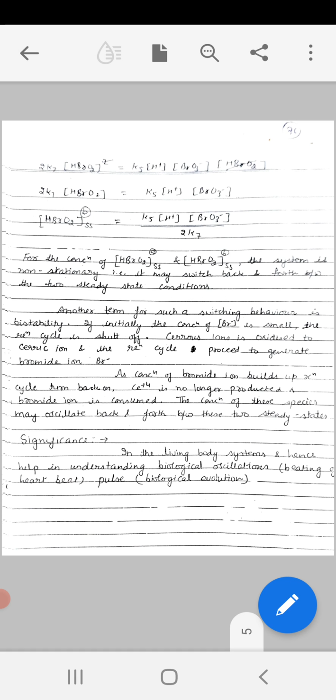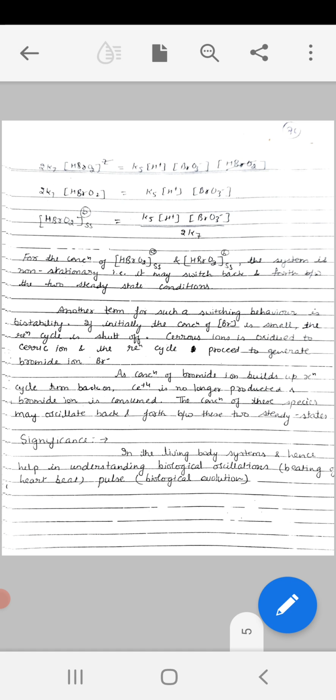Cerous ion is oxidized to ceric ion and the reaction cycle proceeds to generate bromide ion Br negative. As concentration of bromide ion builds up, the reaction cycle turns back on. Cerium 4 is no longer produced and bromide ion is consumed. The concentrations of these species may oscillate back and forth between these two steady states.